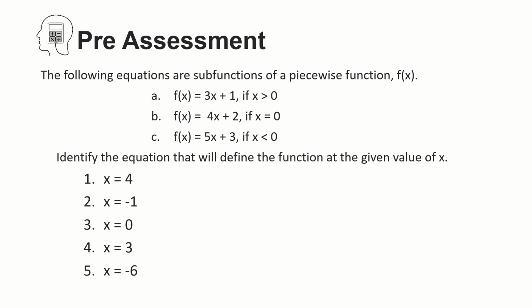Okay, so before we discuss the answer to these pre-assessment questions, what can you notice about the given functions? If we look at our functions here, f of x is equal to 3x plus 1, is equal to 4x plus 2, is equal to 5x plus 3. All of these functions define the same function.